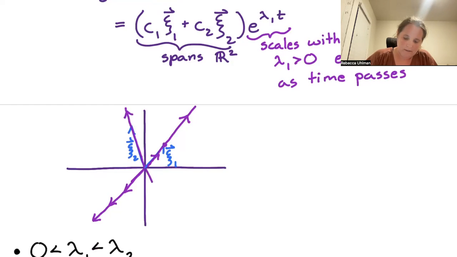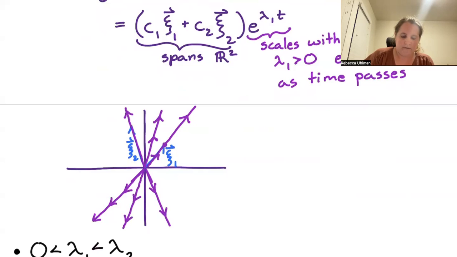And then we can go in the opposite direction as well, again going away from the origin. Because Xi1 and Xi2 span the entire coordinate system, we could get any vector, and we're still just scaling as time passes. So we can take any line going through the origin, and as time passes, we just head away from the origin.